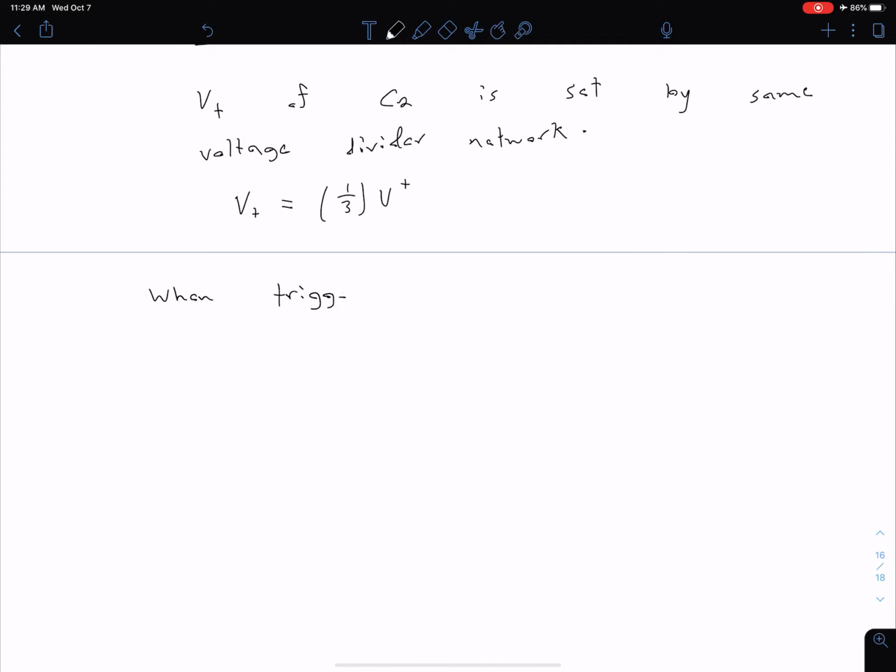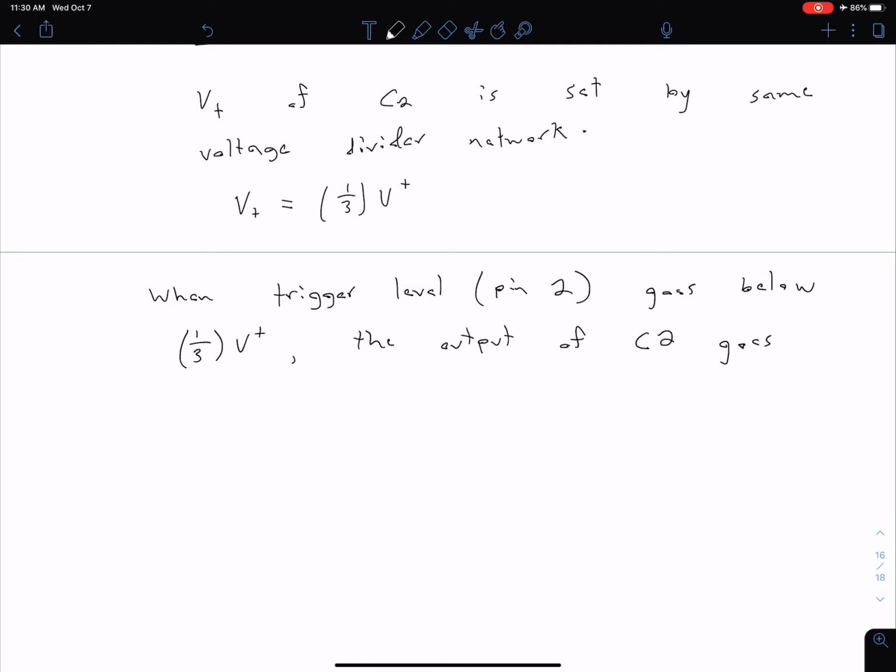When our trigger level, our input, which is pin 2 as we just saw above, goes below V sub plus, which is 1/3 of V superscript plus, then the output of C2 goes high.